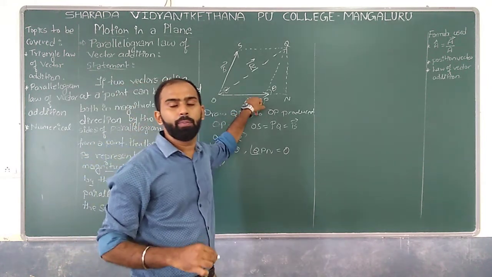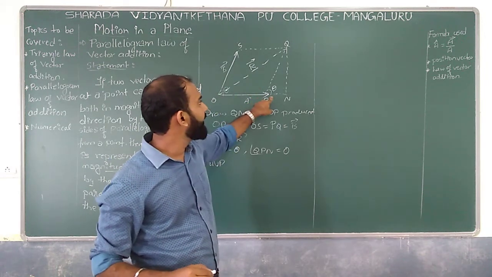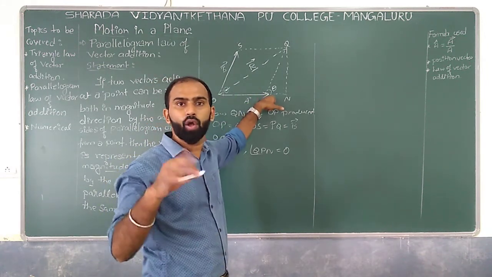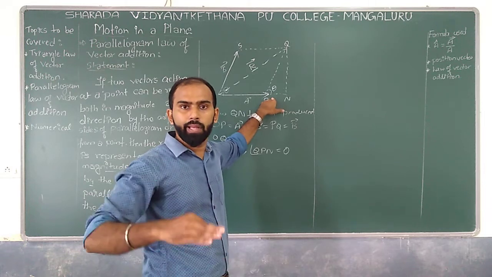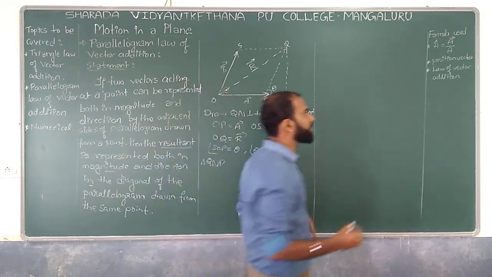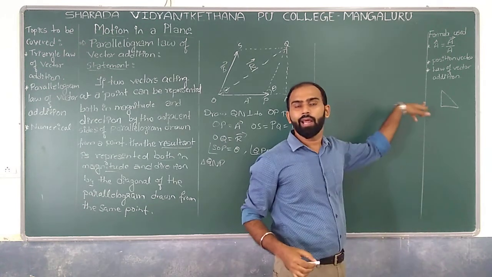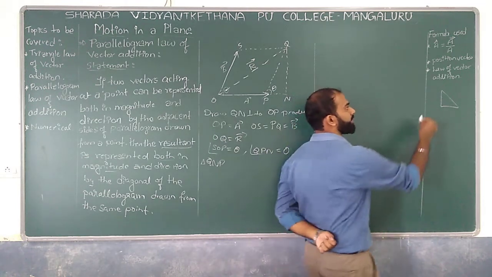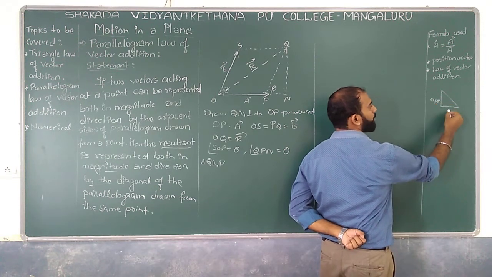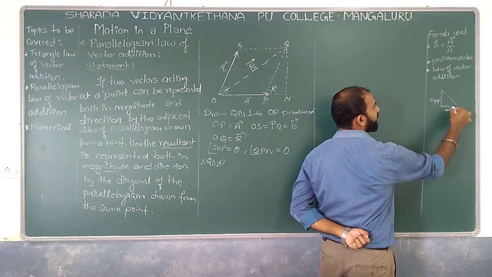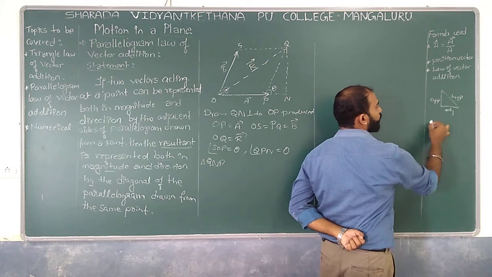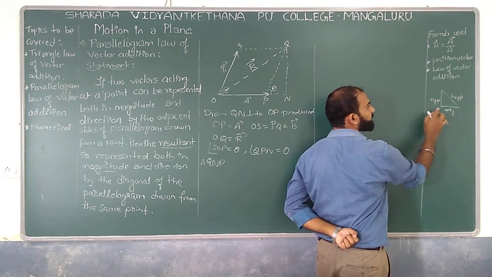Since theta is there, I need cos theta right now. What do you mean by cos theta? If you have a right angle triangle somewhat like this, and this is the opposite side, this is the adjacent side, and this is the hypotenuse, then cos theta is equal to what?